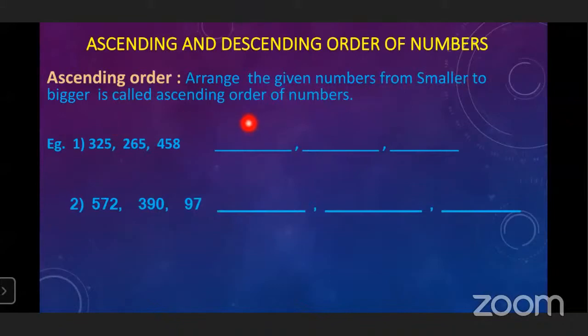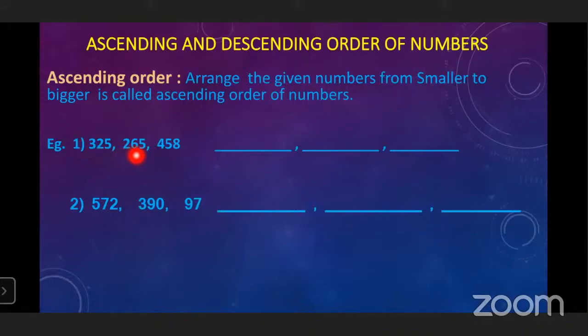Okay. So for example, the first example is given. The first number will come 265. Yes, very good. The smaller to bigger. First of all, you have to remember these things. Ascending means what? Smaller to bigger. So first of all, you have to find the smaller number from these three numbers. For finding the smaller number, I told you how to find.